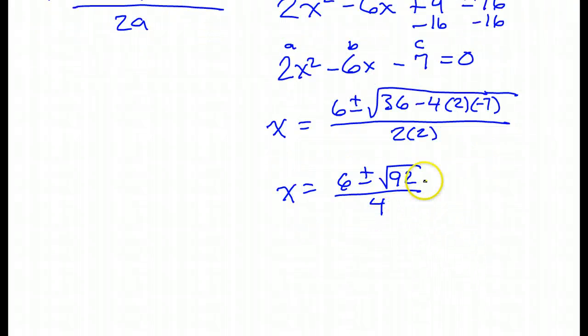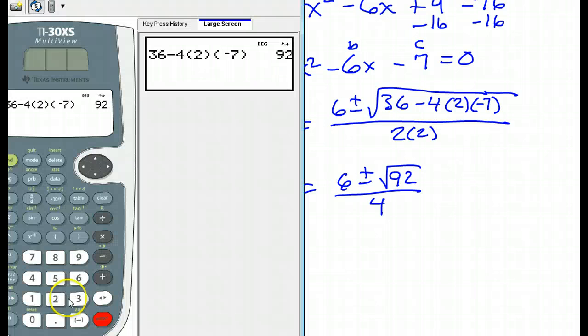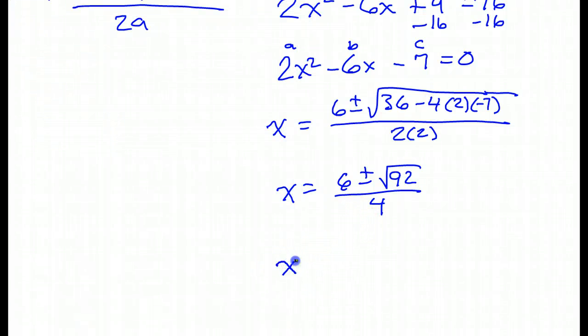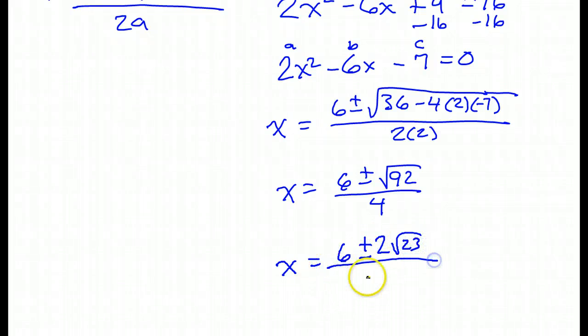So I've got that so far. Let's see what the square root of 92 is. That is 2 radical 23. So I've got x equals 6 plus or minus 2 root 23 over 4.